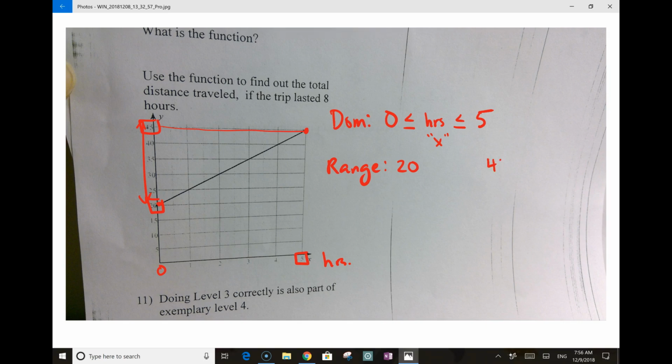So 20 to 45, and because this has to do with distance, I can write this as the idea for the range, or I could simply put y as the name of the axis. Because the distance covers 20 to 45 miles, and we have to include those numbers, we put the equality part in the inequality, so less than or equal to.